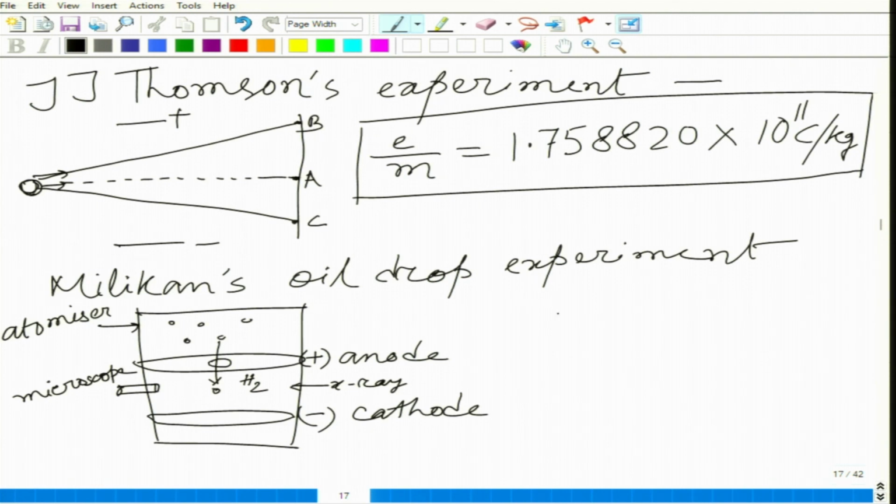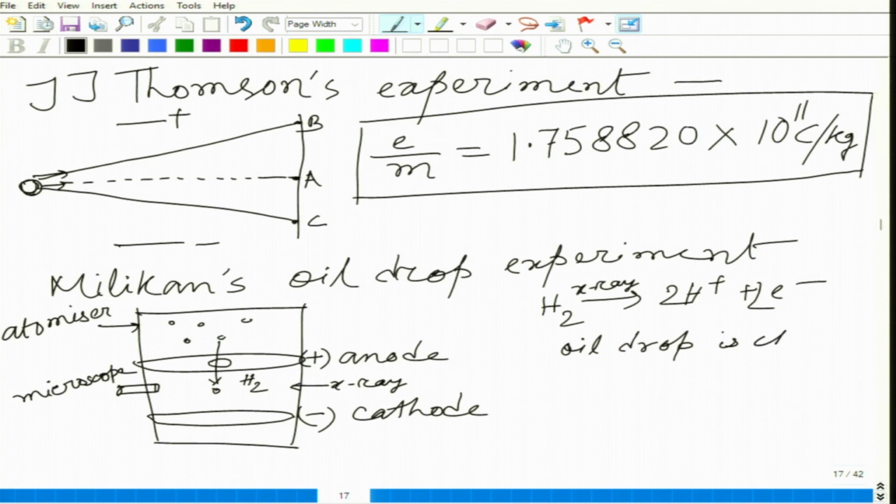So what happened here? The hydrogen, as we have seen in the cathode ray experiment, splits up to give electrons in the presence of X-ray. So now this oil drop is charged, basically negatively. So now it will move towards the anode, which is upwards.